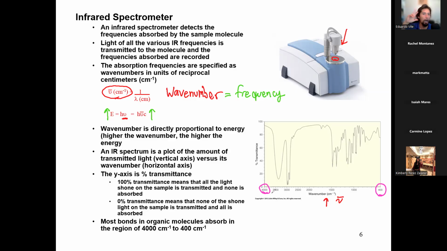We don't have to think about any opposites or anything, right? So on the x-axis, 4,000 means high energy. And that should be obvious. 4,000 is a big number, so 4,000 is big energy. 400 is a smaller number, so 400 is a smaller energy. All right? So now we can see the range of energies on the x-axis.